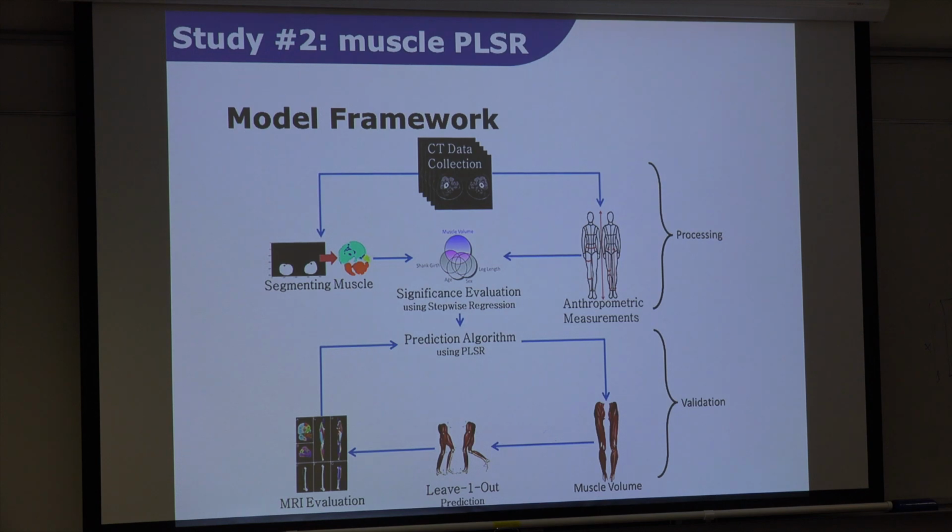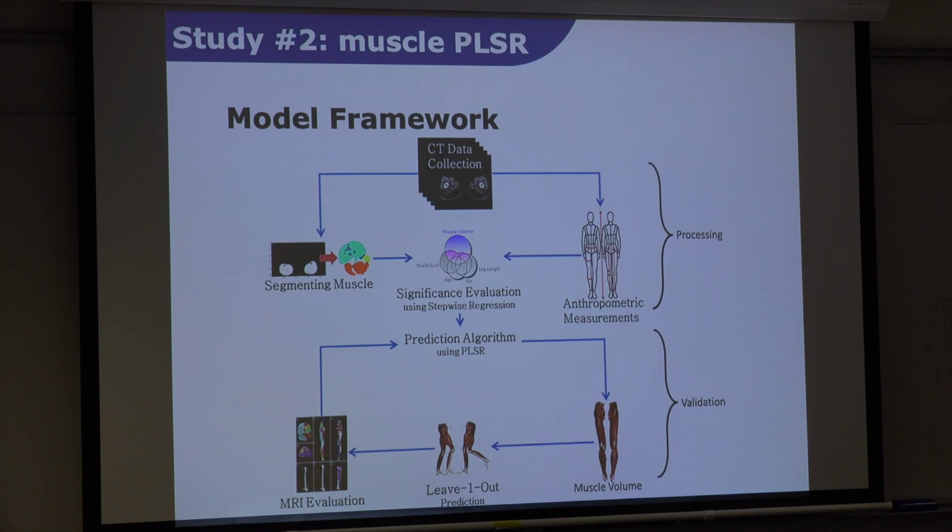The way we did this is first segmenting the muscle volume from the CT data collection, as well as extracting their anthropometric measurements: their height, weight, age, sex, leg length, thigh girth, and shank girth.